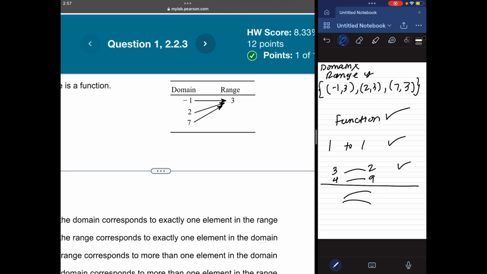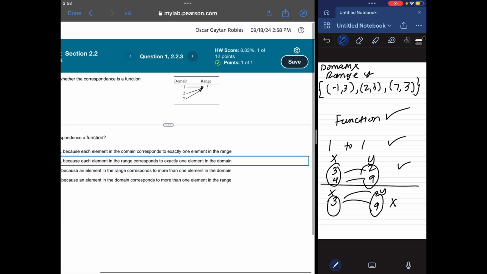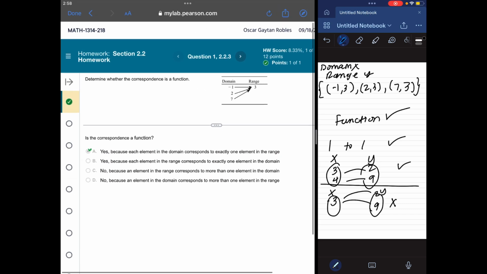But if I have this situation where my 3 is going to 2 and 9, this is not a function. And we call this mapping. So your x is the domain, your y is the range. In this case, your x is going to the same y, but they're different x's.